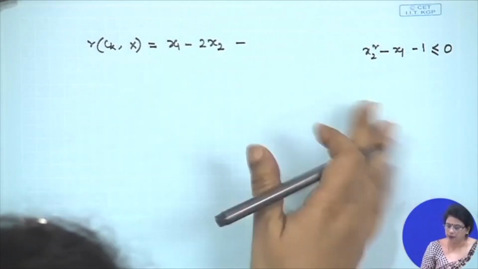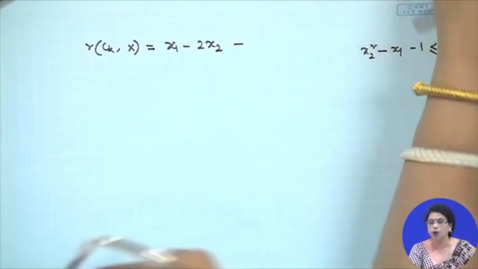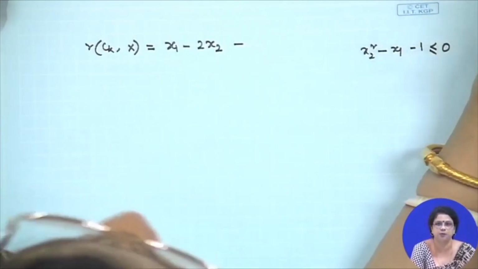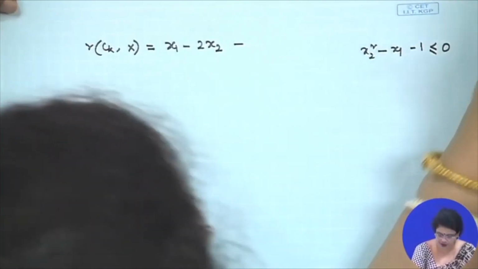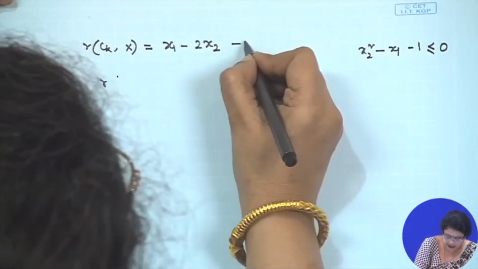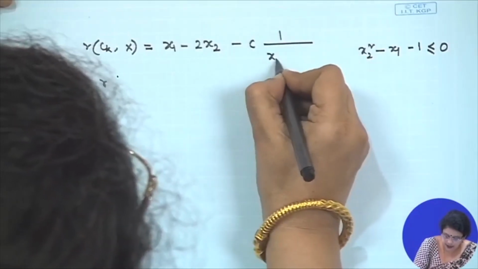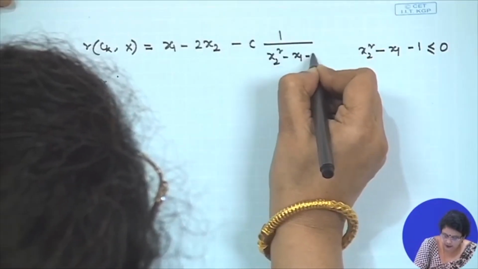Now, this problem we have already solved with the exterior penalty function method, and I am just considering this as c_k by x_2 squared minus x_1 minus 1.